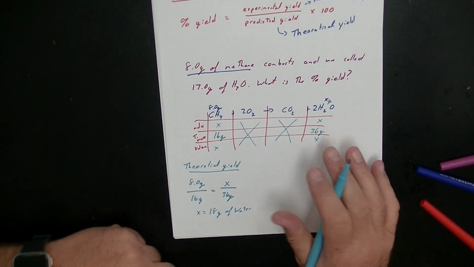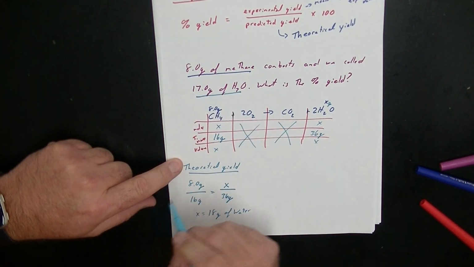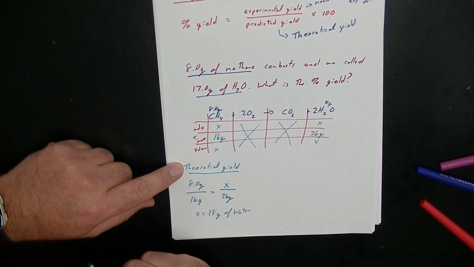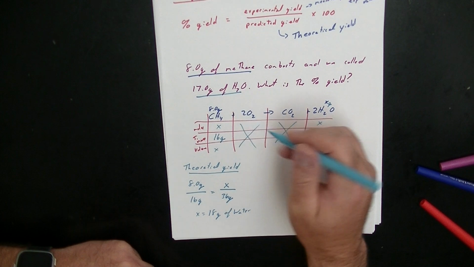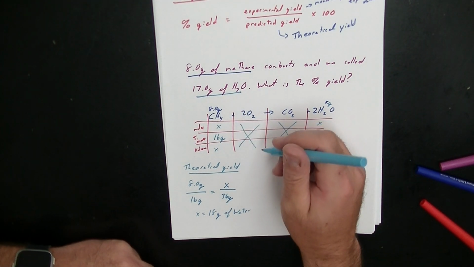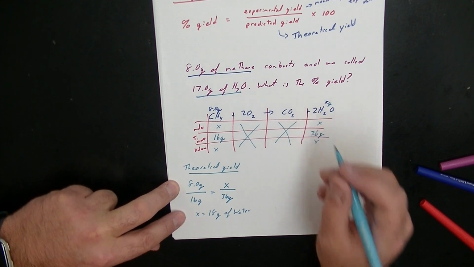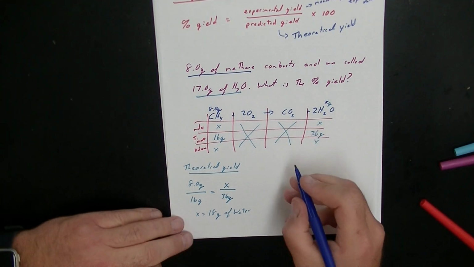Now when I actually did the experiment, I only got 17 grams of water. So something went wrong. I didn't produce enough water. By the equation, I don't know what it is, but we can do what's called percent yield, and it'll give us an idea of how good or bad we did. So now it's easy to stick in.